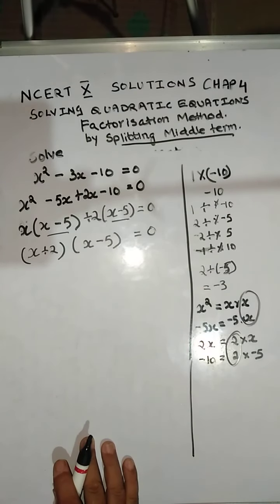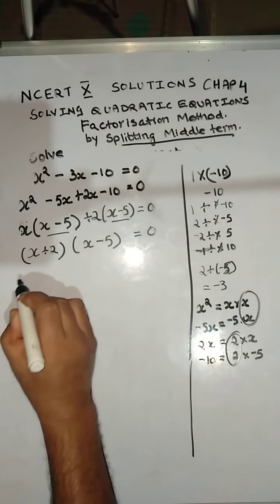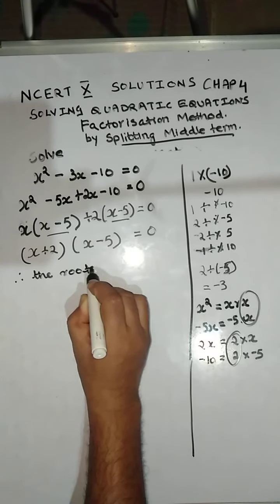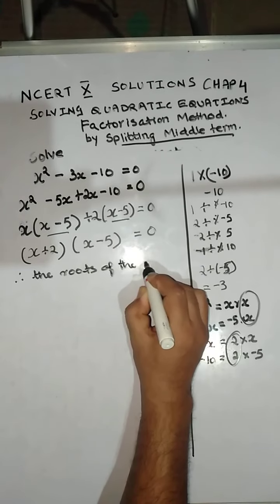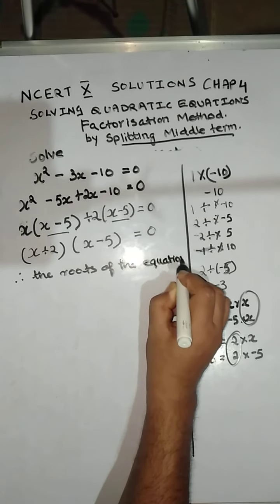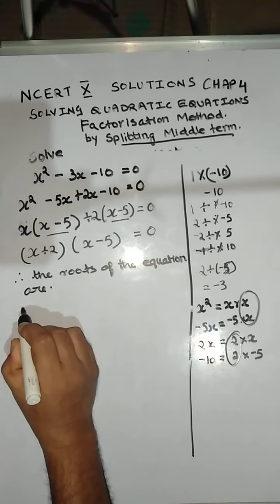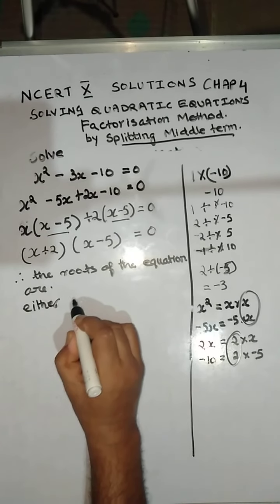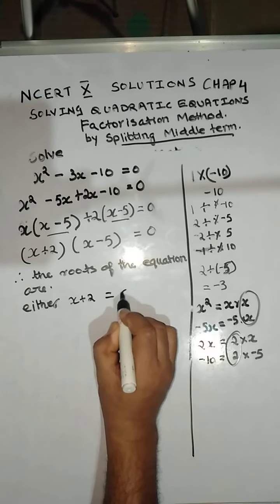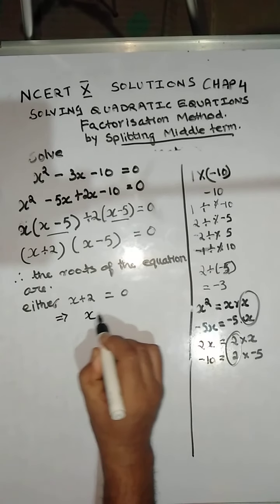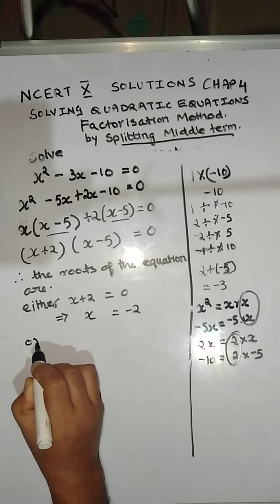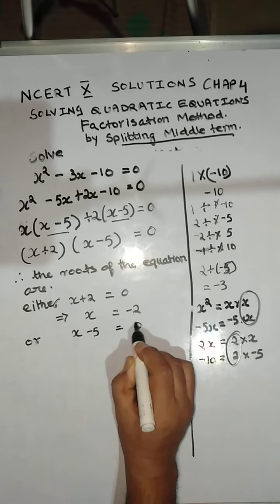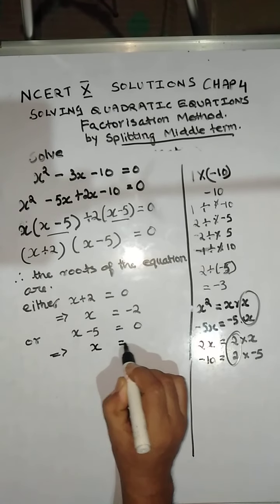Now all you have to do is declare the roots of the equation and say, therefore, the roots of the equation are either, because you have two factors here, either x plus 2 is equal to 0, which implies x is equal to minus 2, or x minus 5 is equal to 0, which implies x is equal to 5.